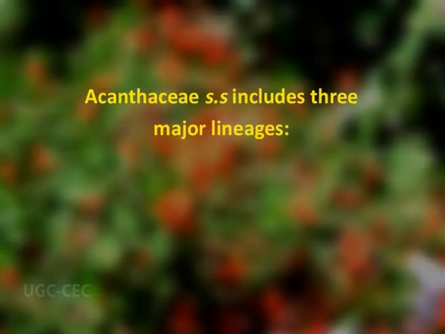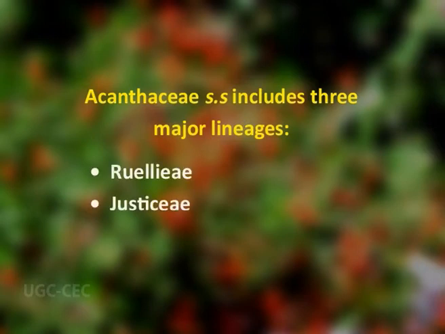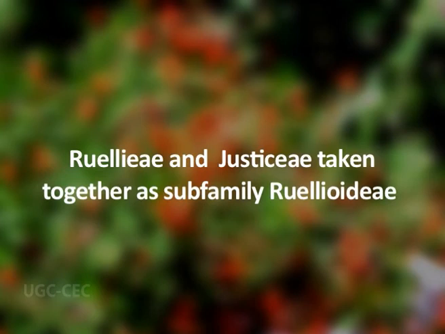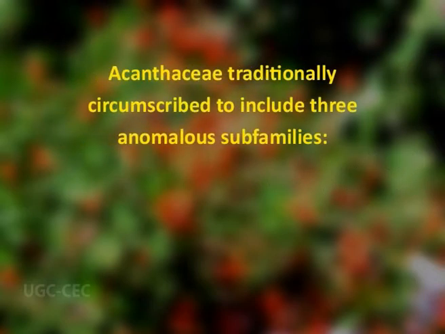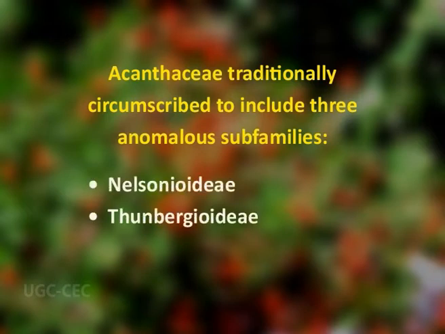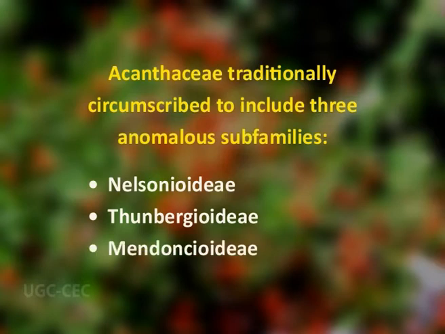Acanthaceae sensu stricto includes 3 major lineages, Ruellieae, Justicieae and Acantheae. The former 2 are taken together as subfamily Ruellioideae. The Acanthaceae have traditionally been circumscribed to include 3 anomalous subfamilies. These are Nelsonioideae, Thunbergioideae and Mendoncioideae.